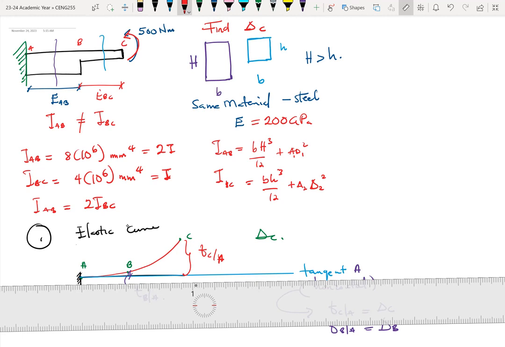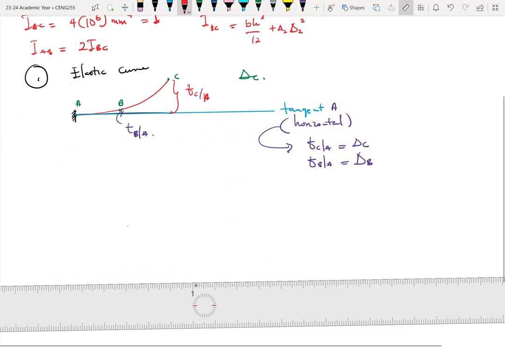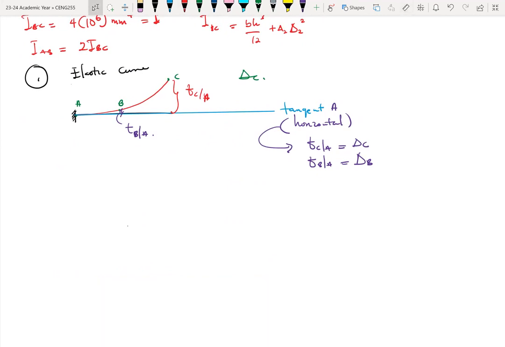A counterclockwise moment on the right will cause the beam to move upwards, holding the left hand side. So the right hand side is going to move upwards, and the deflected shape is an upward deflection. Again, this is dependent on the loads. So here we have these two, and we can find them. I won't say easily, but we can find them.